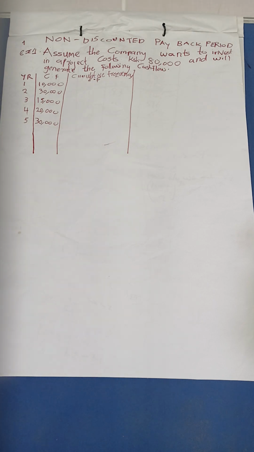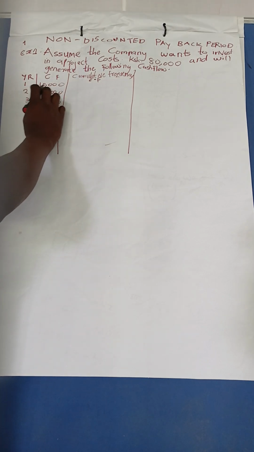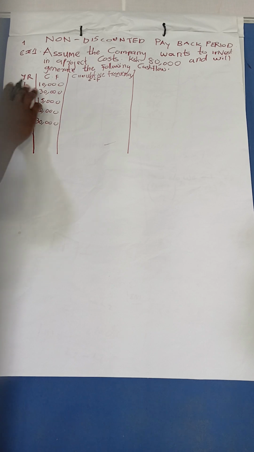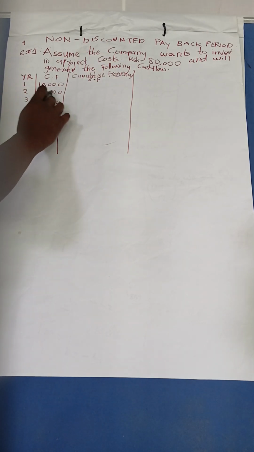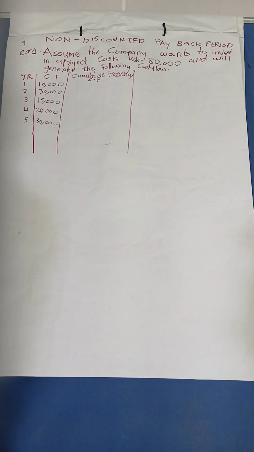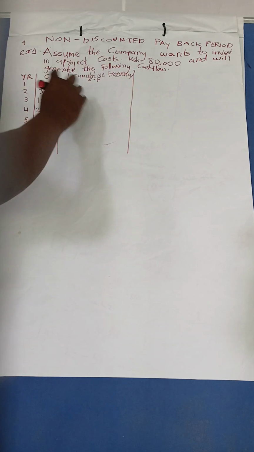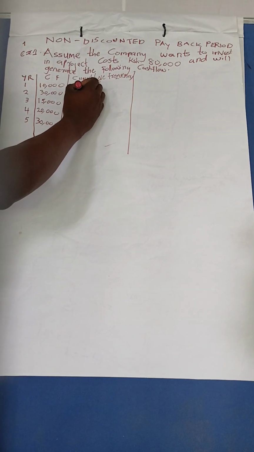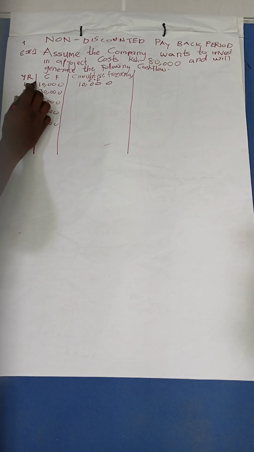Now, how do you come up with the cumulative frequency column? You first start with the cash flow of the first year. Like now you can see we have been given the cash flow of this project. In the first year you are given 10,000, second year 30,000, third year 15,000, then 20,000, then 30,000. The first figure in the cumulative frequency column will be the 10,000, the first cash flow.